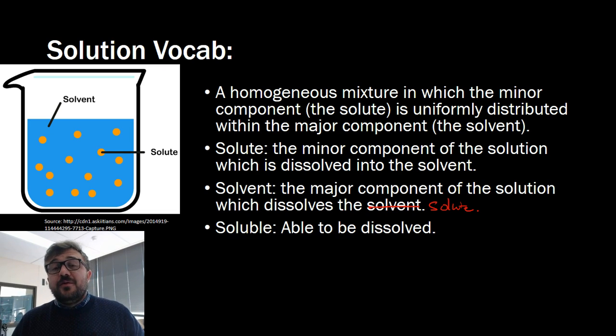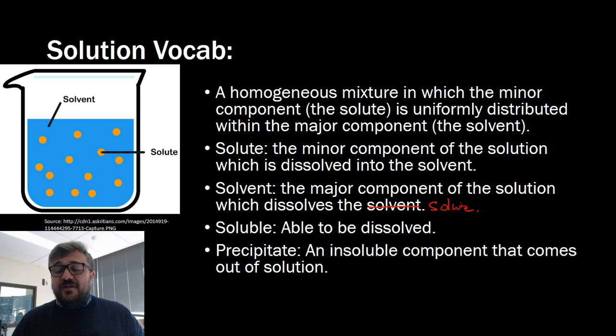Now, soluble means something is able to be dissolved. For example, salt, like table salt, is able to be dissolved up to a point. When something is soluble, it is usually measured in grams per liter that can be dissolved. Precipitate is when we have a chemical reaction and you have two things which were previously soluble, you mix them together and you now have something which is insoluble, meaning it falls out of solution.